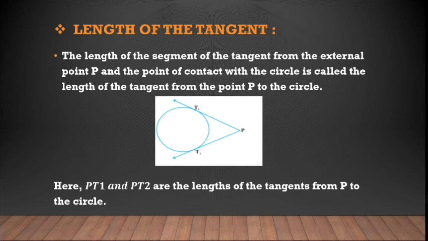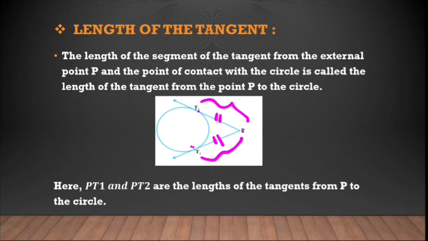Consider this point P outside of the circle. From this point P you can draw 2 tangents PT1 and PT2. So T1 and T2 are the points of contact. So these PT1 and PT2 are the lengths of the tangent.